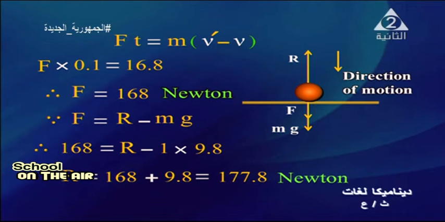Then the reaction of the ground on the ball equals 177.8 Newton in the case of the ball reaching the ground. But if the ball reached the ceiling of the room, in this case R plus mg equals F. But in case the ball hits the wall or vertical wall, then F equals R.